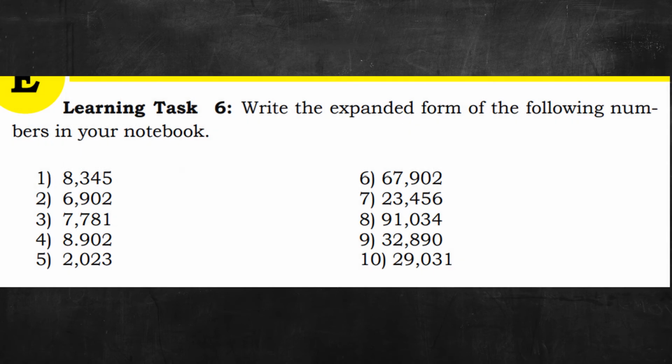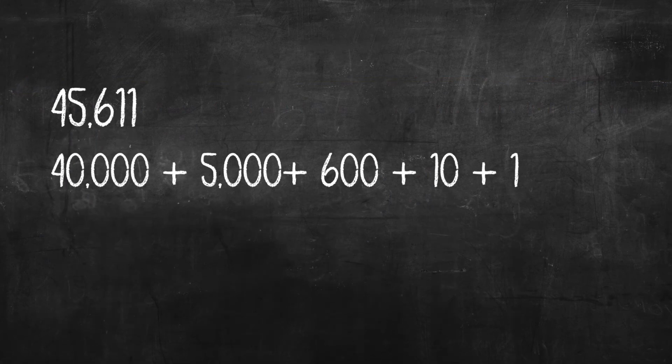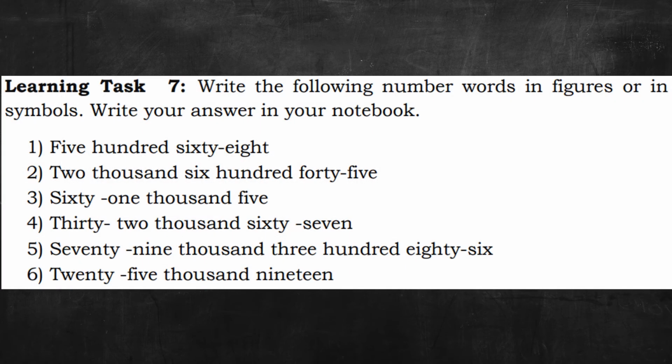Learning task number 6. Write the expanded form of the following numbers on your paper. Here is an example. 45,611 is 40,000 plus 5,000 plus 600 plus 10 plus 1. Learning task number 7. Write the following number words in figures or in symbols. Write your answers on your paper.